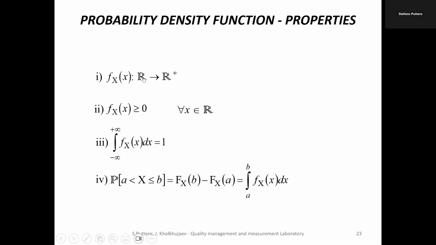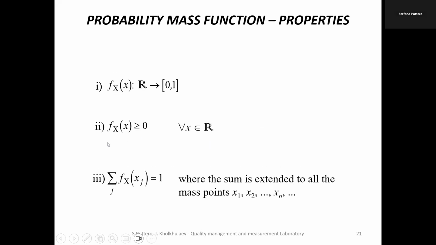The second property is, again, as in the case of discrete random variables: the probability density function is always greater than or equal to 0 for every x. The third property is similar to what we have already seen for the probability mass function.